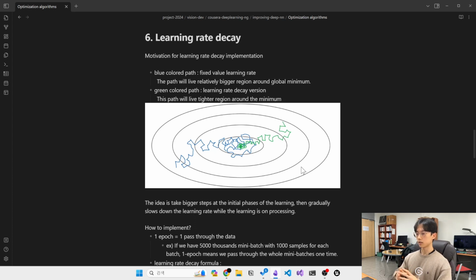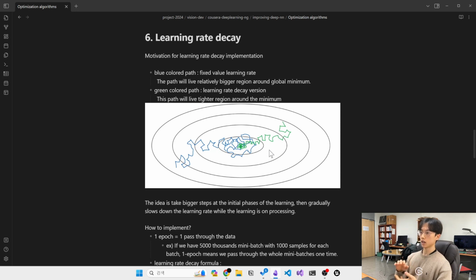And the next thing that I learned is about learning rate decay. The motivation for this: as you can see in this image, if we don't have learning rate decay, it always keeps a fixed value of learning rate. So when we reach the global minimum, it always keeps the same learning rate like before, so we are wandering around a relatively higher region of the global optimum.